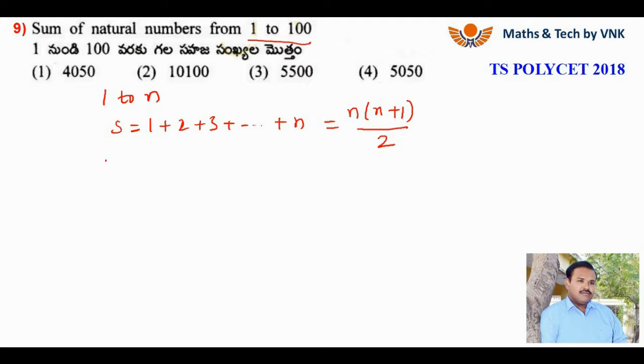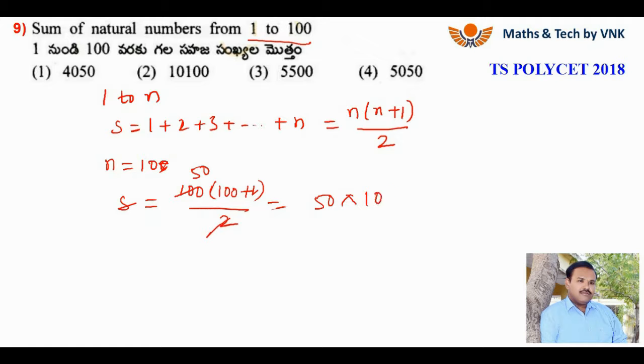So n is equal to 100. So sum S is equal to n into n plus 1 by 2, that is 100 into 100 plus 1 divided by 2. This is 50 times. So 50 into 101, which is equal to 5050. So the correct option is 4.